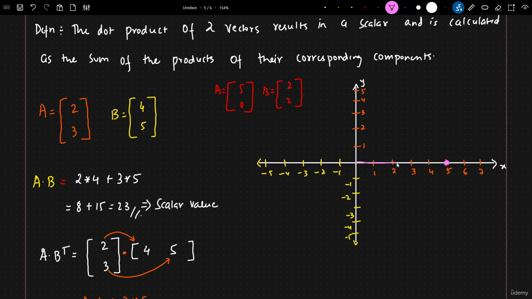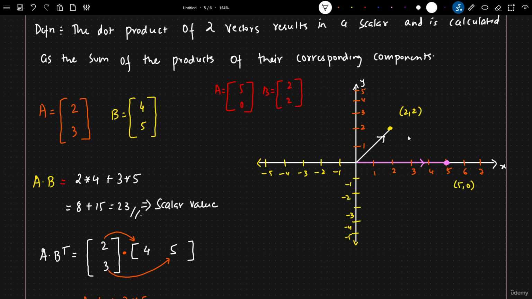If I consider this particular vector, it will look something like this, and it is in this direction. Now let's talk about the other vector B. The other vector over here B is specifically 2, 2. So it basically denotes this one, right? So this is 2, 2, and this is 5, 0. Now see, this will be this vector, and this vector is basically going in this specific direction.